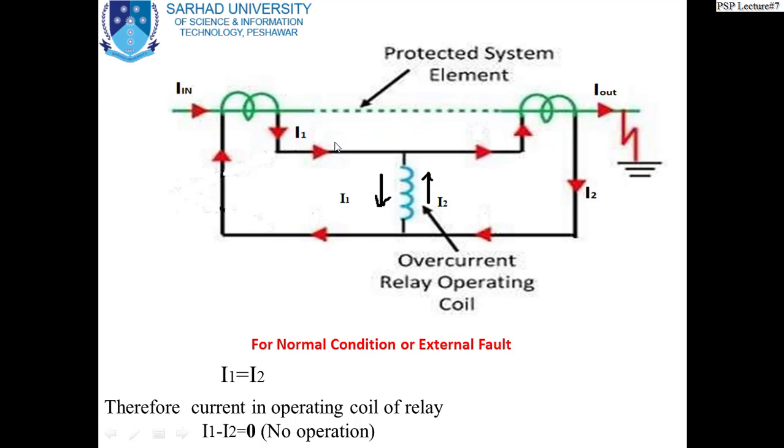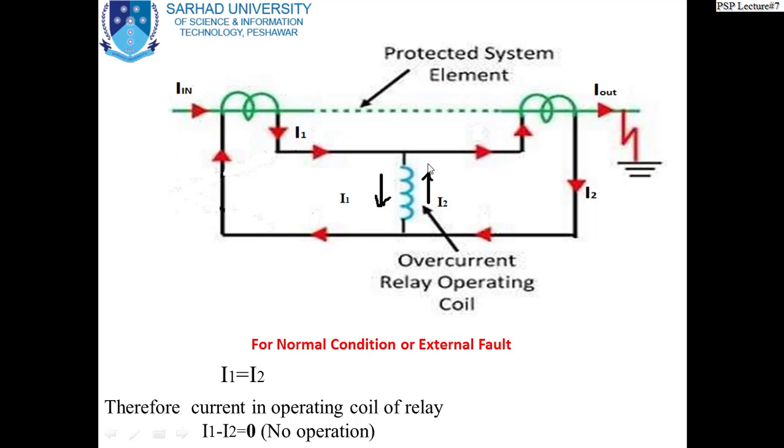On both sides of this section, we have connected CTs. This is the CT at the input, and the feed from this is your in feed, I in. And we have a CT on the other end of the element.